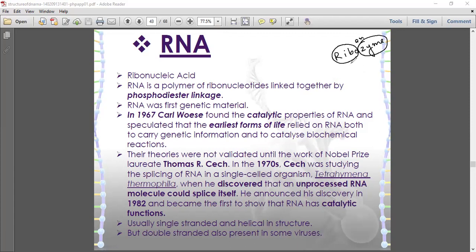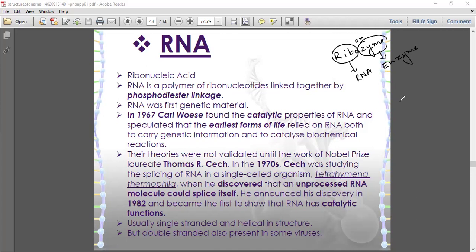So this type of RNA has the property of RNA as well as the property of enzyme. This was a breakthrough discovery in the field of RNA technology and helped us to understand many things.